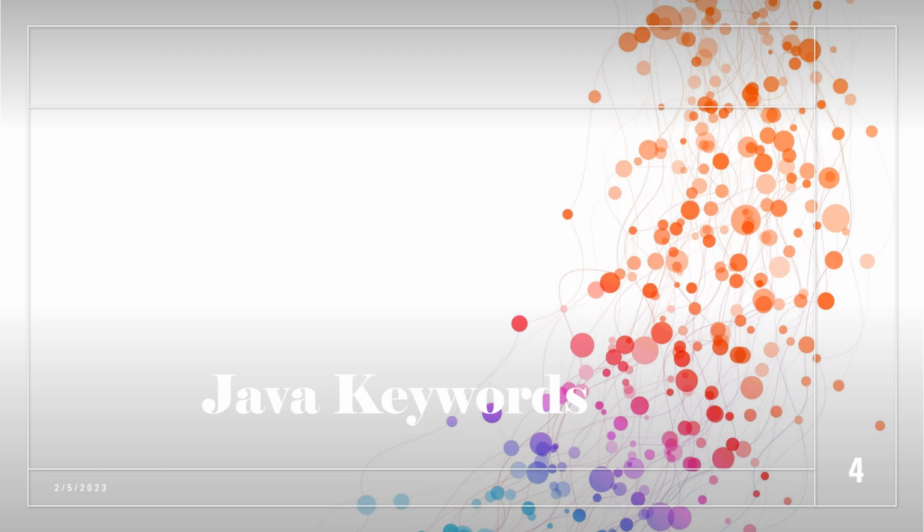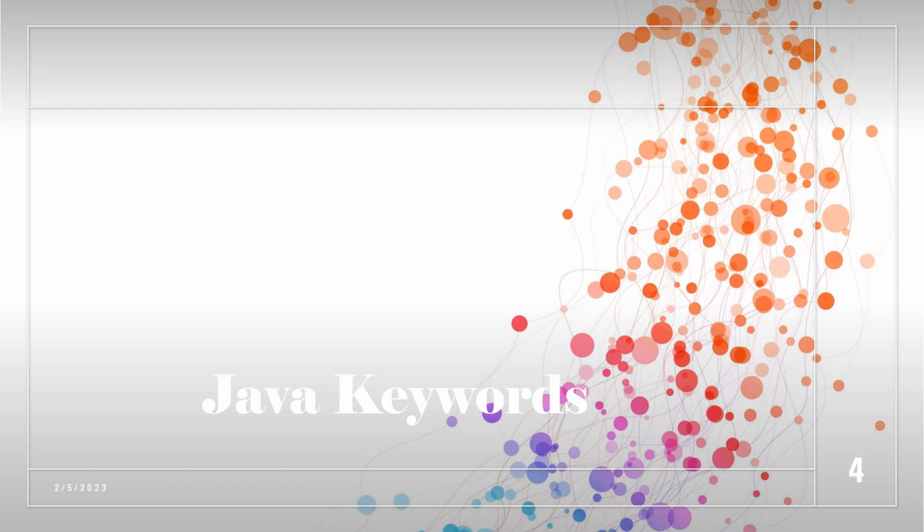Public. An access modifier used for classes, attributes, methods, and constructors, making them accessible by any other class. Requires. Specifies required libraries inside a module. New in Java 9.